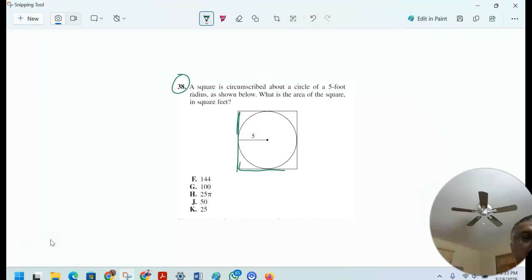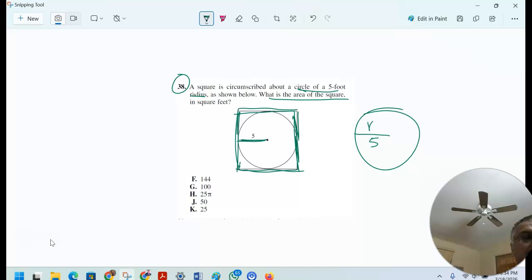This is a square and a circle is inscribed inside, or a square circumscribes a circle, which is 5 foot in radius. So they already gave the 5 foot, that means the circle has the radius, which is 5. What is the area of the square? Now, if this is 5, that means this is the center. That means this also has to be 5, because they are radius.